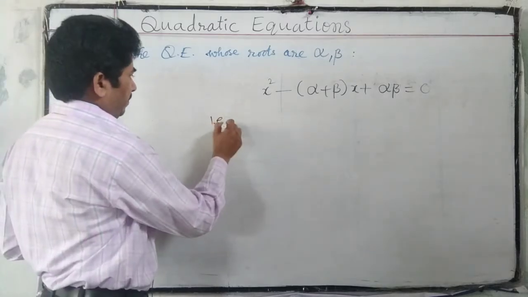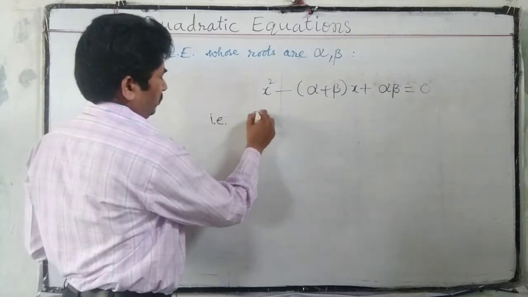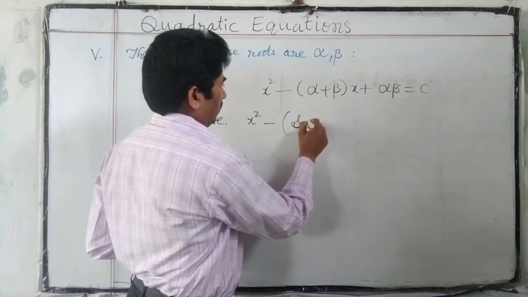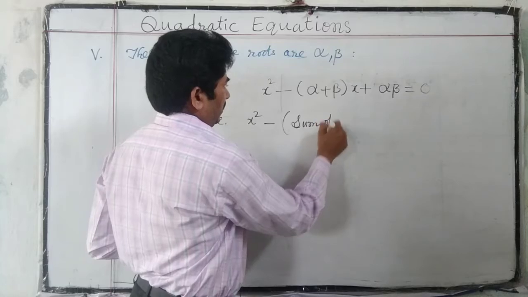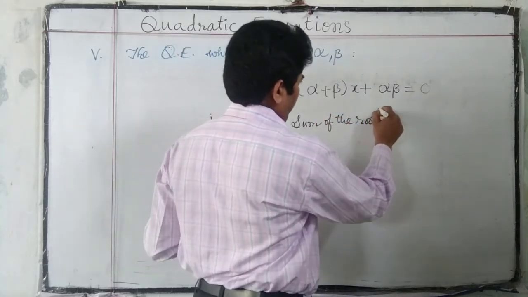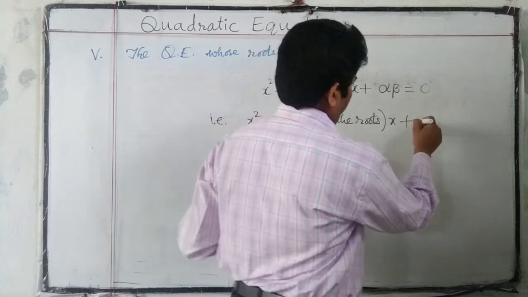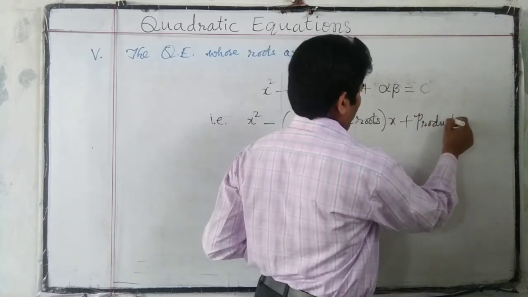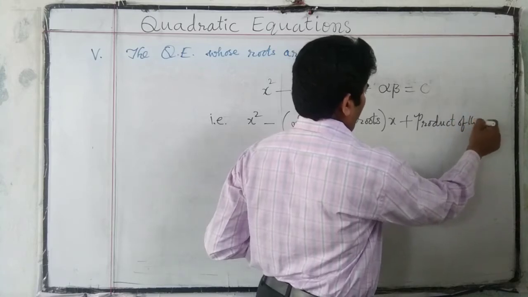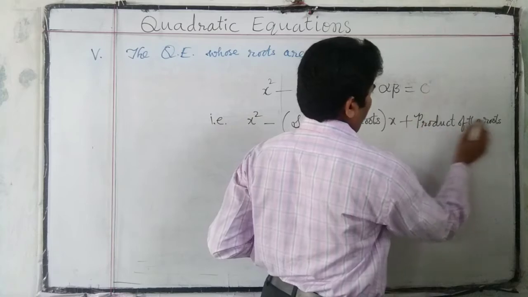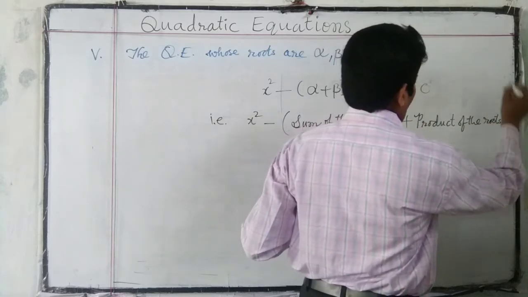That is, x square minus sum of the roots into x plus product of the roots is equal to 0.